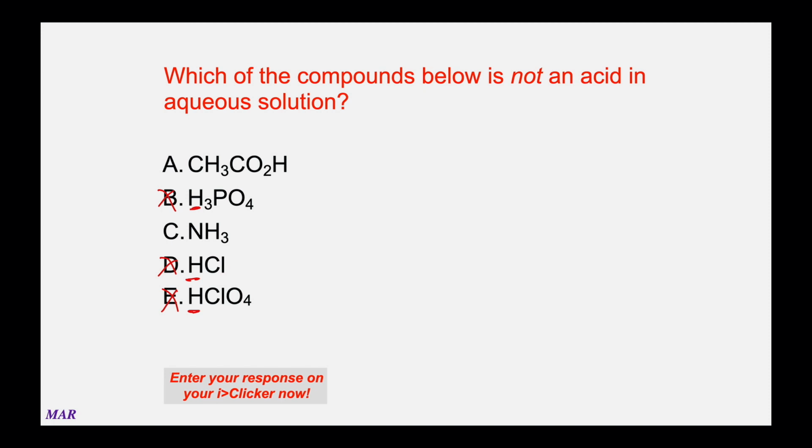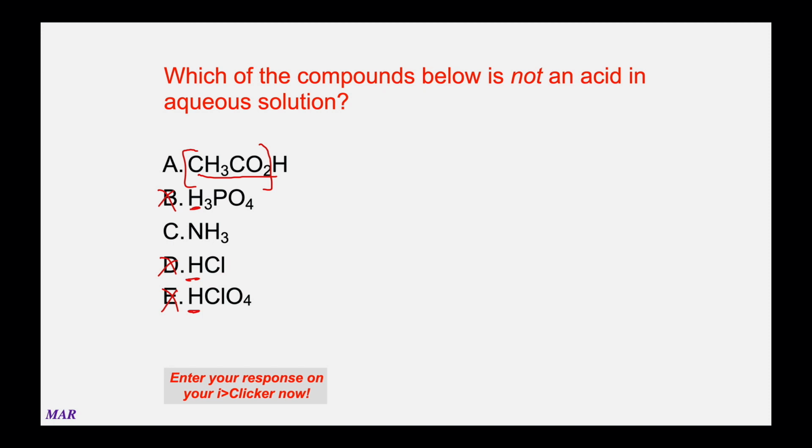But you can see here that A and C do not have an H listed first. So one of those must be an acid and the other one is not an acid. And if you watch the video when it talked about the acids, A is acetic acid. The acetate ion is CH3CO2 minus, and a lot of times it has an H plus on it to make acetic acid.